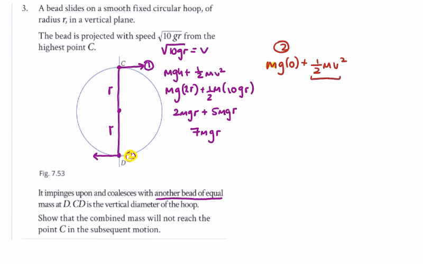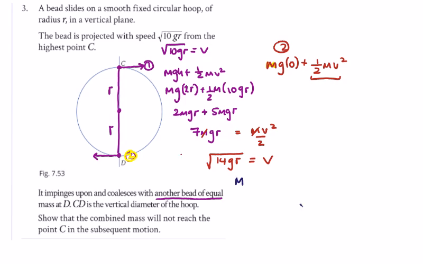So let's have a look at half mv squared, that's equal to mv squared over 2. So we divide by m, multiply by 2, we get 14gr is equal to v squared. So the square root of 14gr is equal to v.